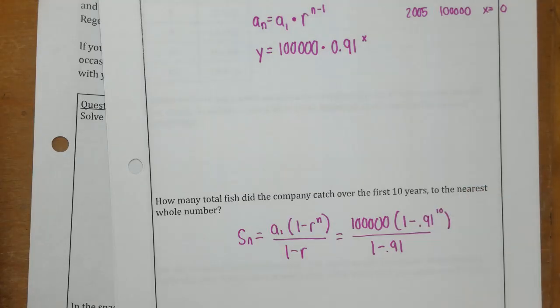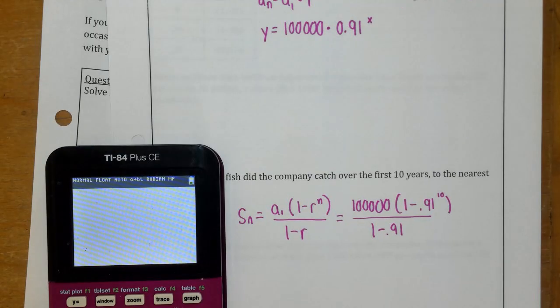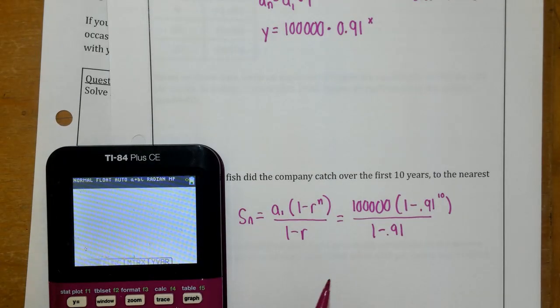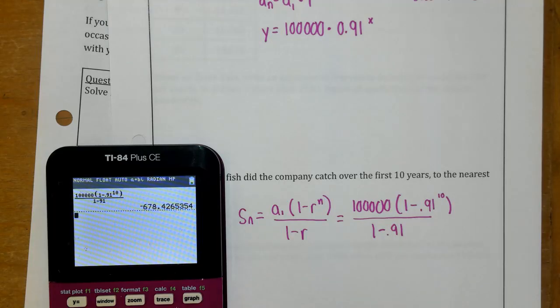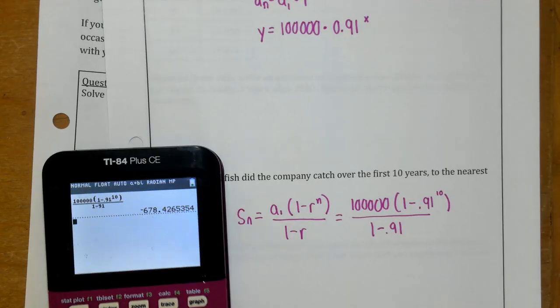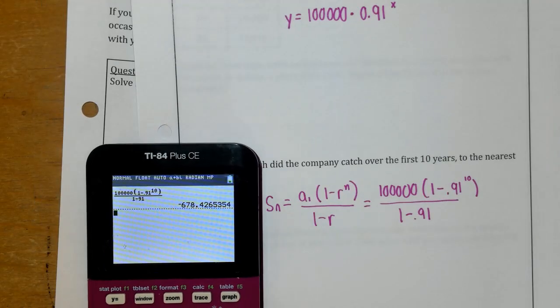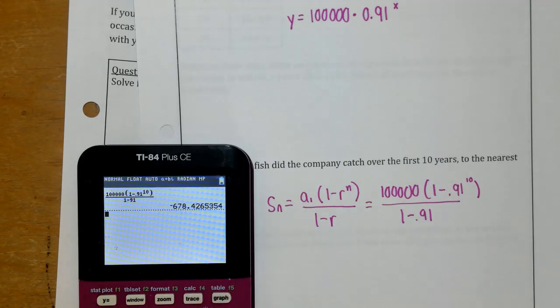So now I'm just going to type this on my calculator. Make a fraction, 100,000 times (1 minus 0.91 to the 10th), all over 1 minus 0.91. I'm going to hit enter. Now, you can see that this formula gave me a negative number.